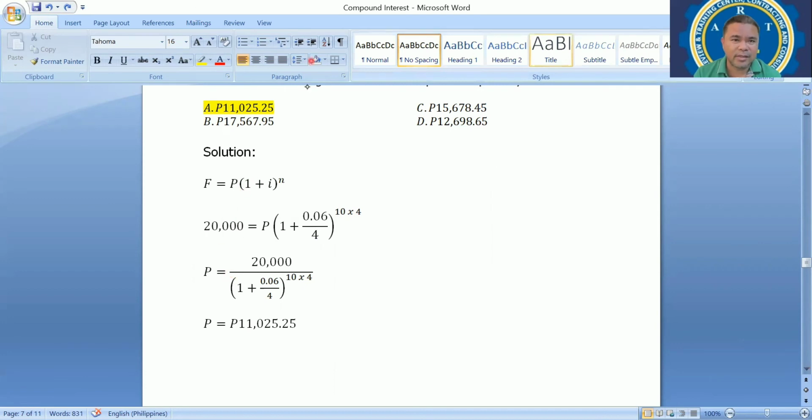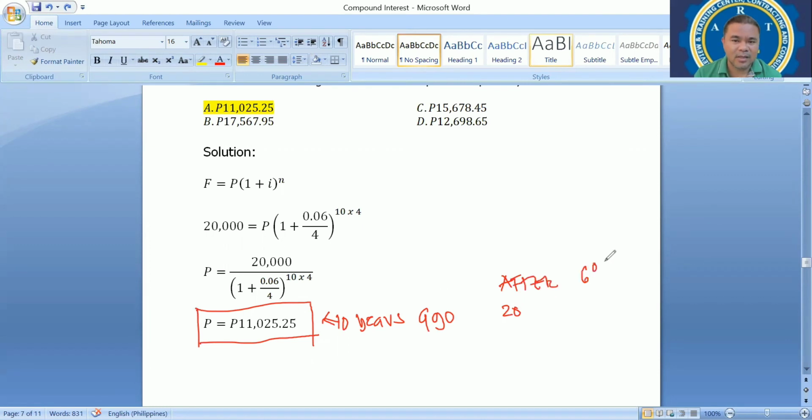After 10 years, oh no, before 10 years, 10 years ago, the man deposited the present amount. Then after 10 years, with the interest rate of 6% per quarter, it becomes 20,000 pesos.